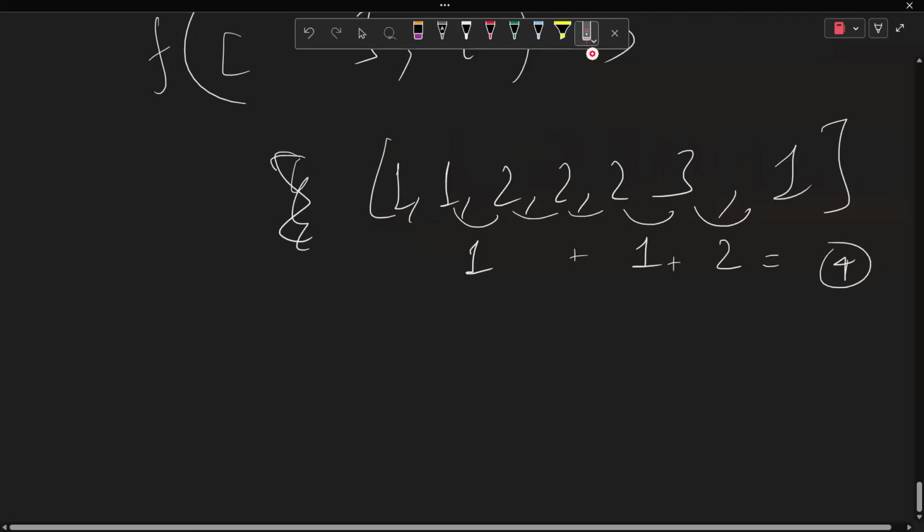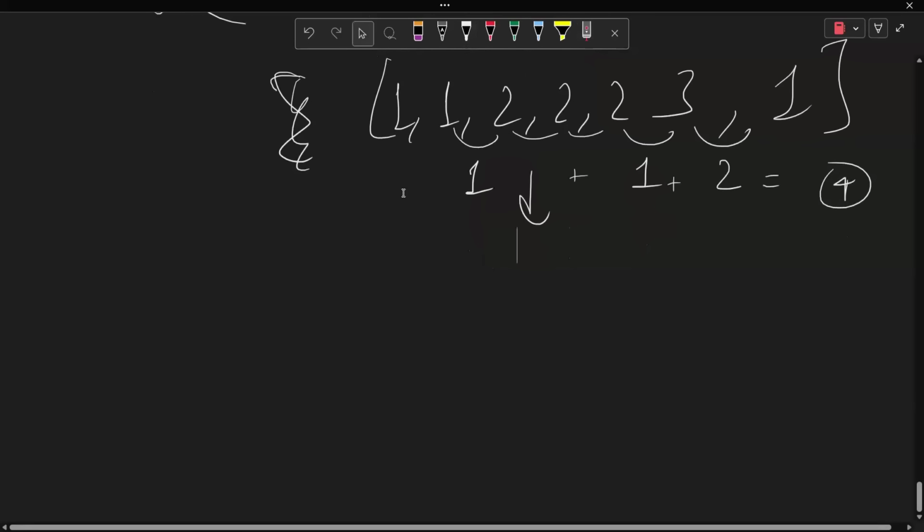So is there a need of keeping this three times? It's the same as having it one time. So first thing is just compress this array. It would be the same thing. No change in the type of operation you are performing, no change in the value that you are calculating. So reduce this 2 times 1 to a single 1, this 3 times 2 to a single 2, this 3 to 3, 1 to 1.